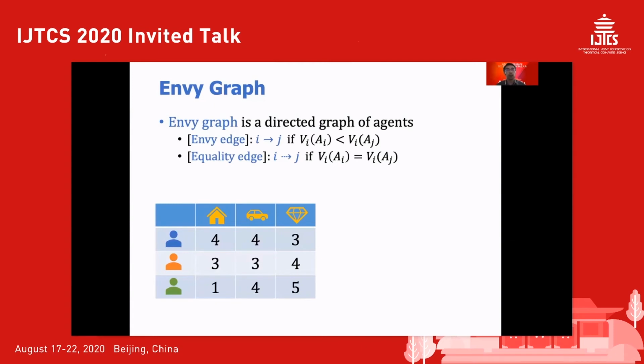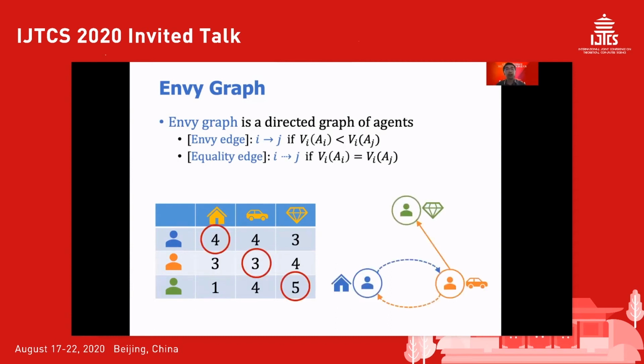This is an example of three agents dividing three indivisible items. These numbers are the valuations of these agents for each of the items. We look at a particular allocation that assigns the house to the first agent, the car to the second agent, and the diamond to the last agent. Based on this allocation, we can construct the following envy graph of these three agents.